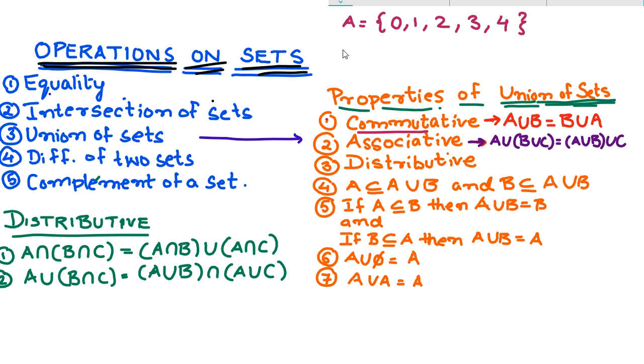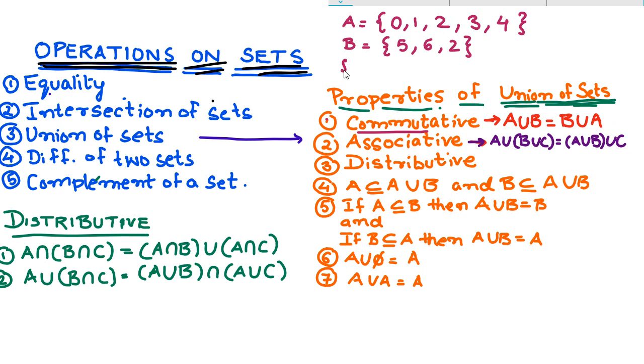And now let's consider another set which has 5, 6 and 2. So here the commutative property says that we can check whether A union B is equal to B union A. Okay, so let us check. Let's do A union B.